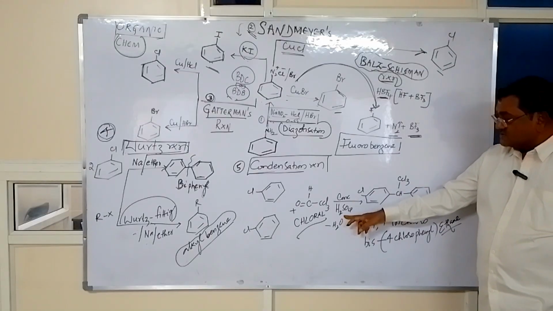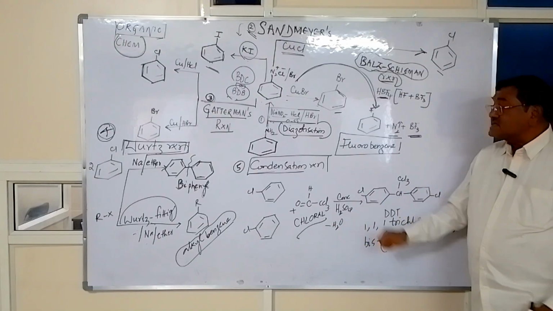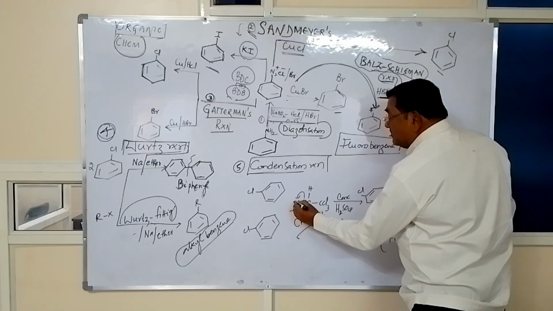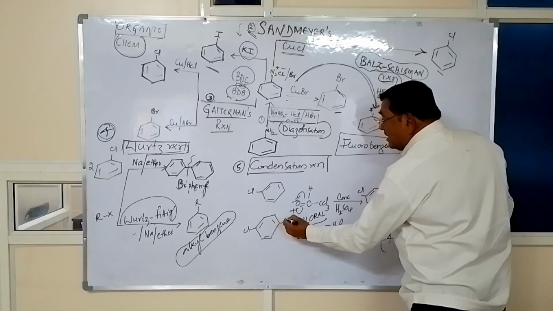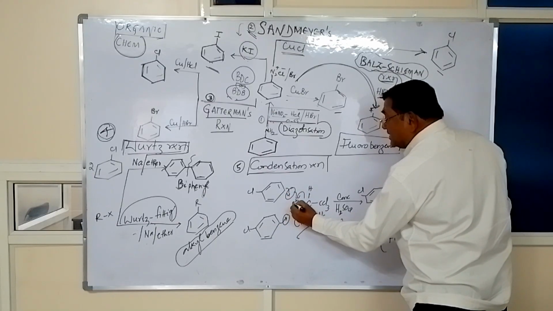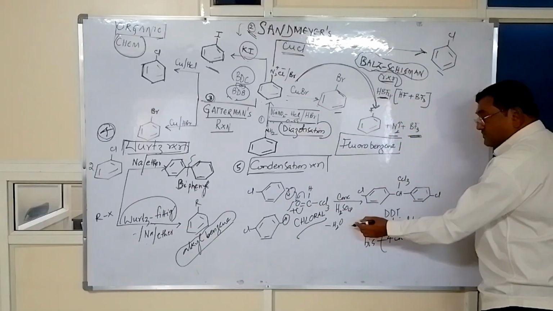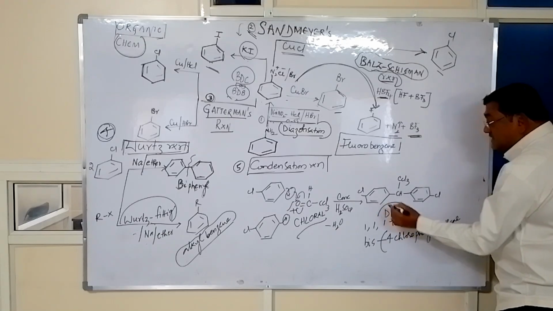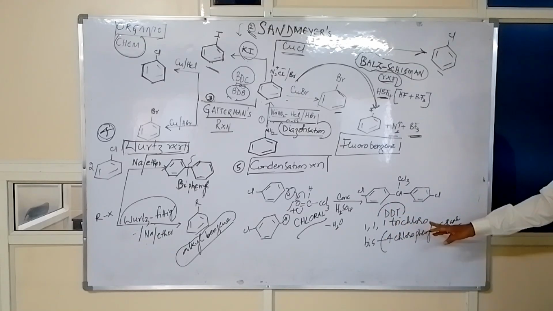In the presence of concentrated H2SO4, this undergoes dehydration by taking 2 hydrogens from the aromatic ring itself. So the loss of water takes place, and you are going to get DDT.